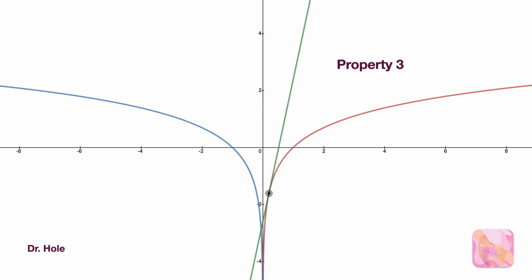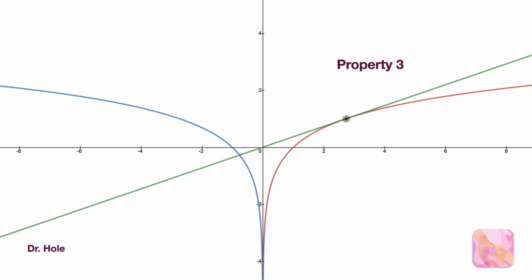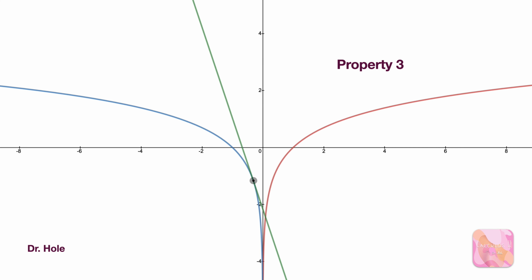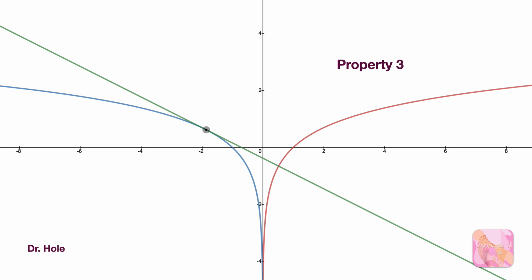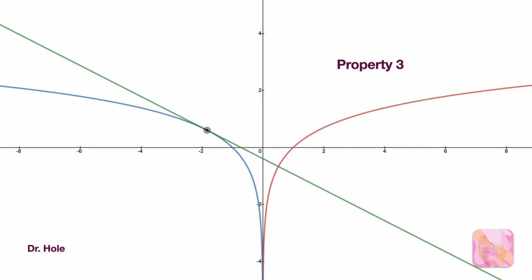You might recall that the red graph is the graph of the natural log. And then if you take the red graph and you reflect it in the y-axis, you get the blue graph. The green graph is giving you the tangent line at any point. And then currently we're looking at the tangent line to the blue graph at about x equals -2.